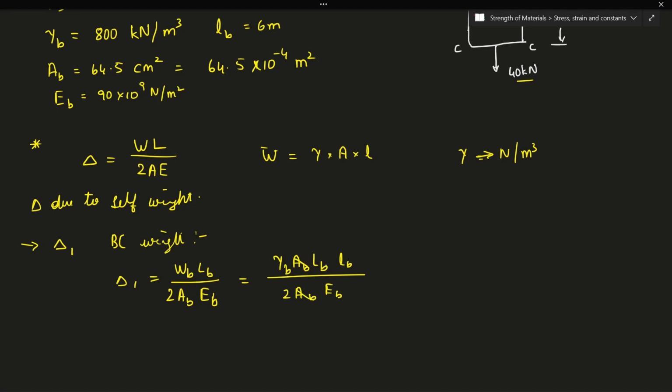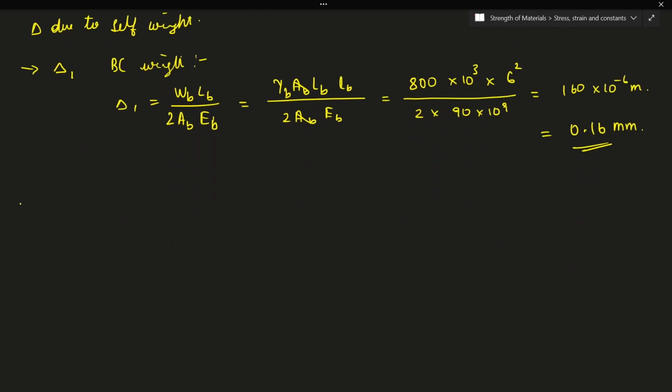So AB is cancelled, and LB into LB will be LB square. So if I substitute all the different values, I'll have 800 into 10 to the power of 3 into 6 square whole divided by 2 into 90 into 10 to the power of 9. Upon simplification, I'll get 160 into 10 to the power of minus 6 meter. Now if I convert this into millimeters, I'll get 0.16 mm.